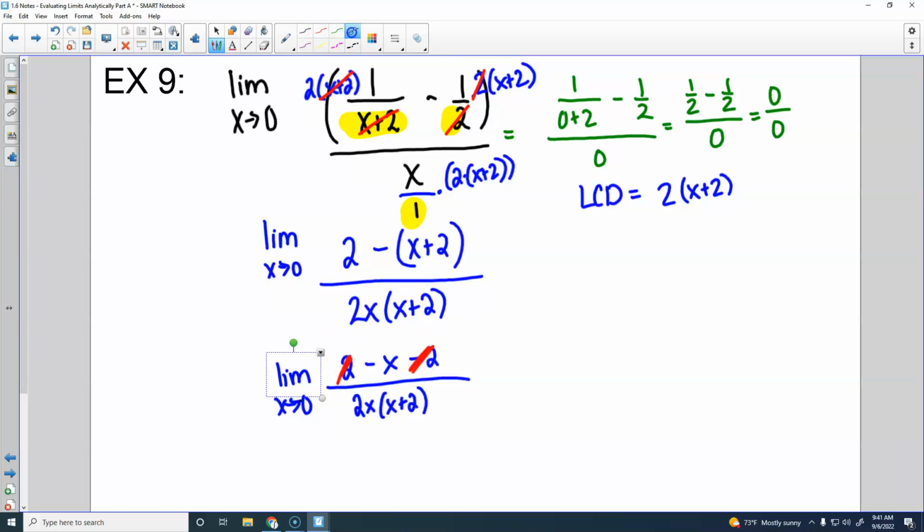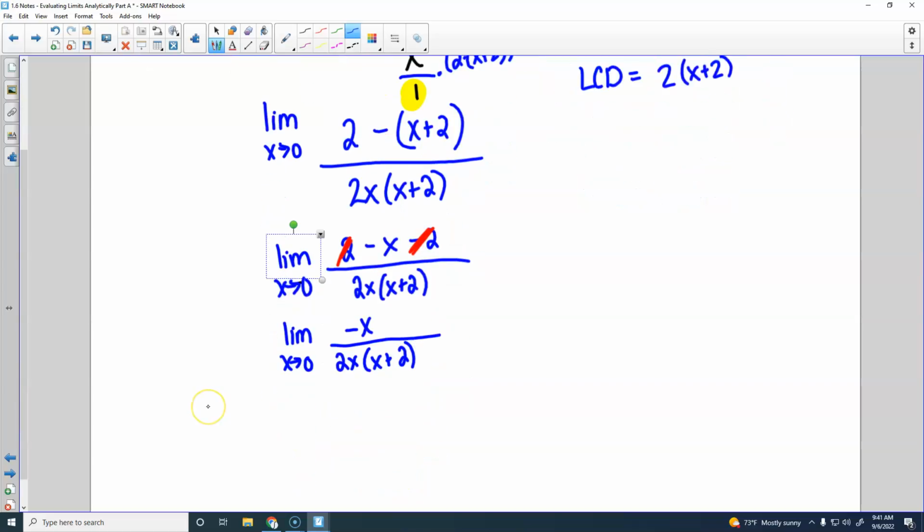cancel each other out. So now I'm looking at limit as x approaches 0 of negative x over 2x times x plus 2. What can happen now? Okay, this x right here can cancel with this x right here because I've got multiplication between. So what's that leave me with in the numerator?